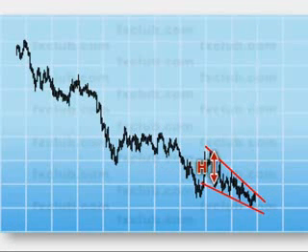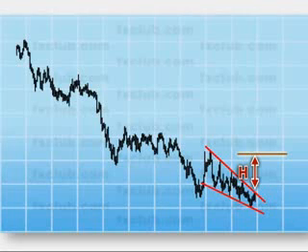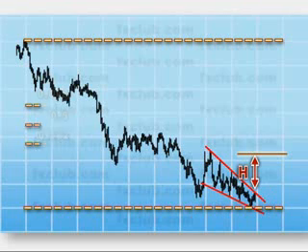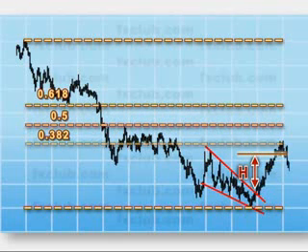The price target after breakout is at least the height of the wedge. However, as a rule, price reaches the first correction level, especially if it comes at the end of a long-lasting trend.